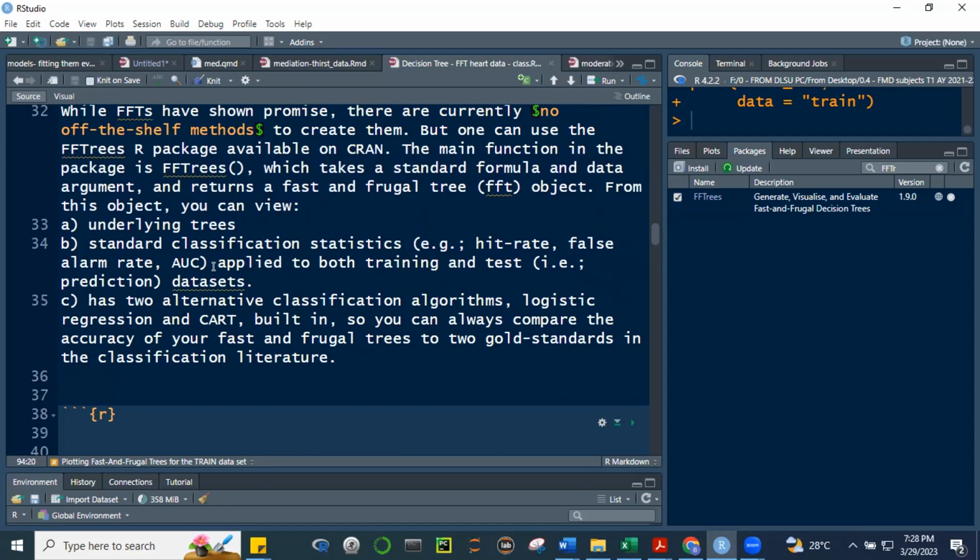Okay, and then you can also compute for ito yung mga misclassification natin dati. Okay, ito yung area under the curve, false alarm rate, etc. So these are metrics that we can use in FFTs. And it can be used for both logistic regression and your normal regression.